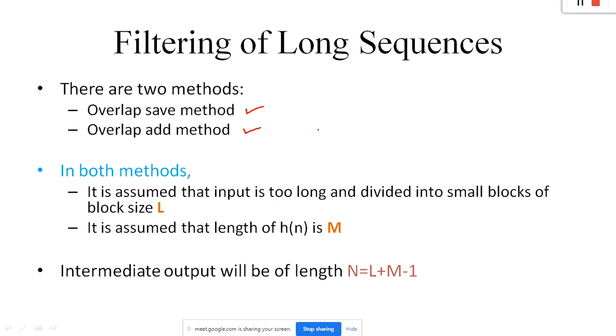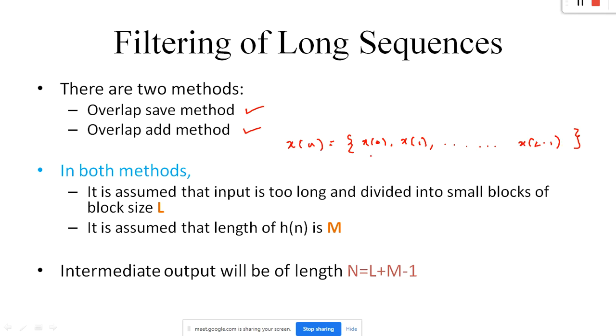It is assumed that x of n will have a long data sequence, from 0, 1, 2 up to L minus 1.